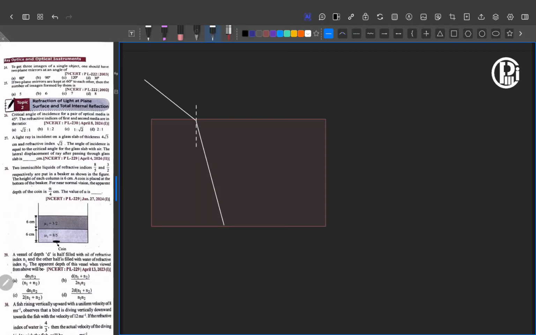So when light goes from a rarer medium into a denser medium, it moves close to the normal. Here also I draw a normal, and now the light is moving from denser to rarer. So what happens? It moves away from the normal, right? So this is called the incident ray and this is called the emergent ray, right?